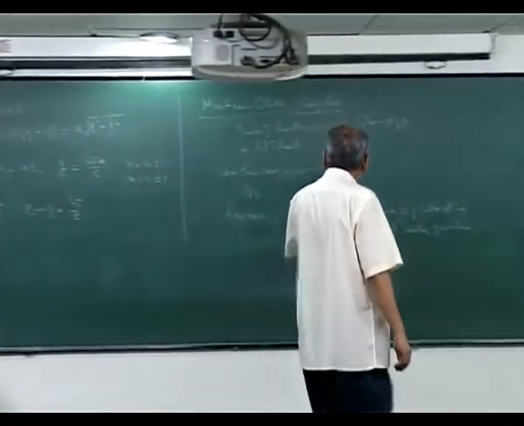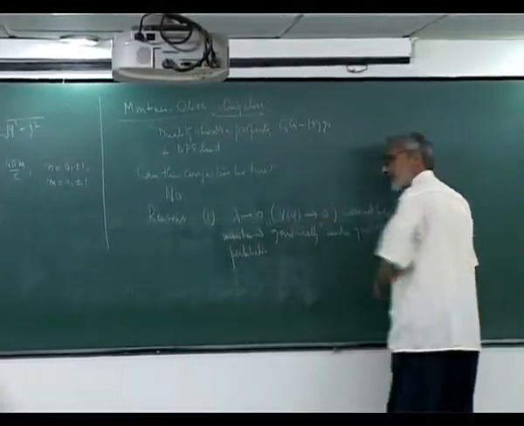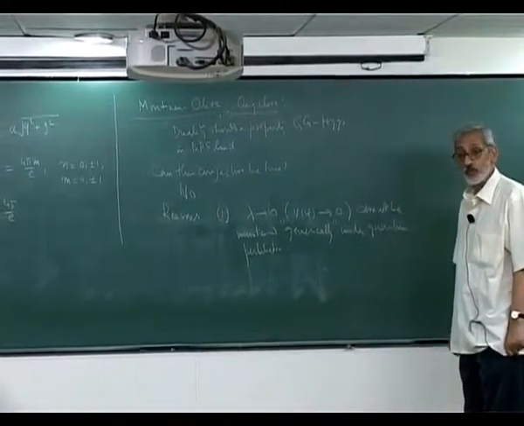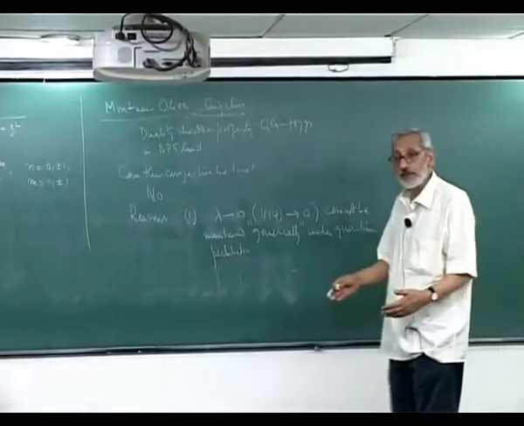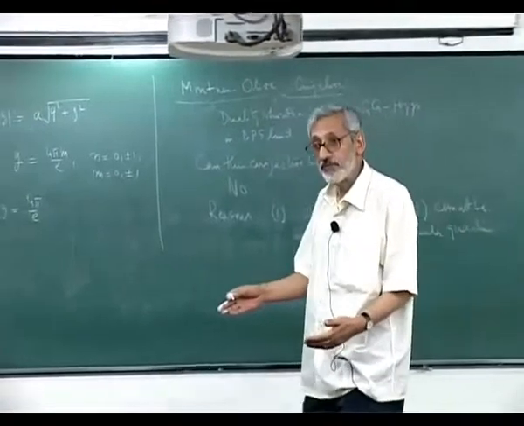At the tree level, if I start with lambda equal to 0, which means V of phi is 0, that means I have no phi square term, I have no phi 4 term.